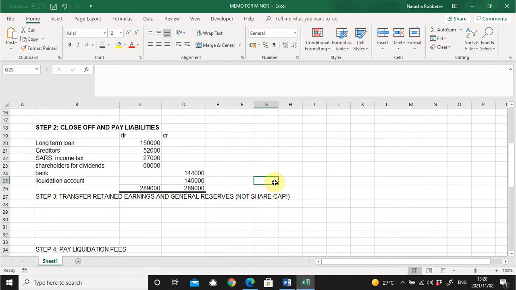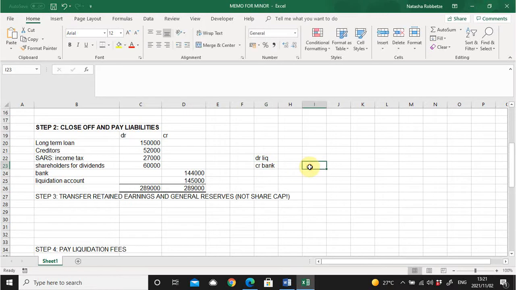Before we move on, there might be a question around the interest. Why is there no entry for the interest? If creditors charged interest, the entry on its own would be we debit the liquidation account and we credit the bank.